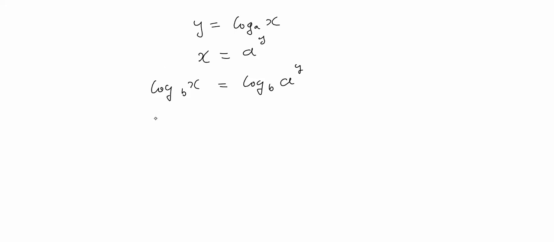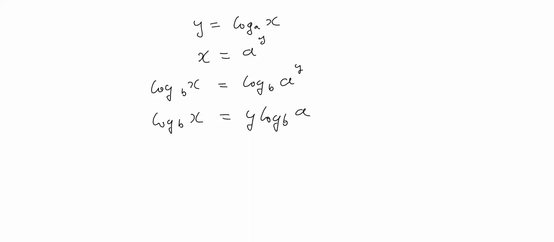And then by the third rule of logarithms, that when we have a logarithm of a power, we can write the value of the index, y, as a multiplier of the logarithm, like that. So log x to base b is y times log of a to base b.